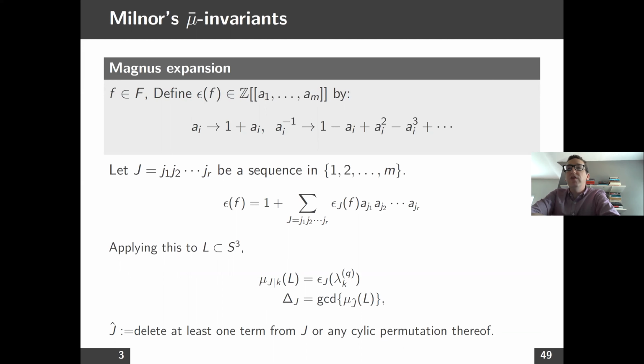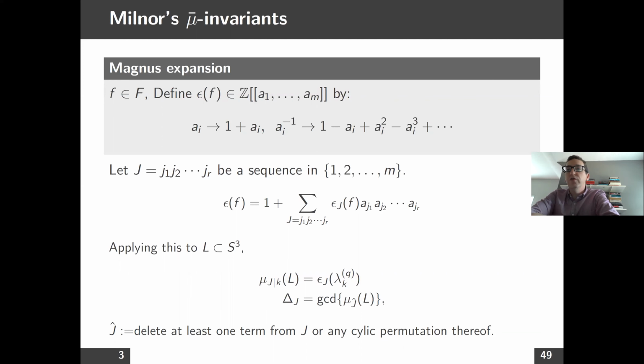And then for any sequence, we take the coefficient of the term corresponding to that sequence. So e_J of F is a_{j1}, a_{j2}, and so on, where J is j1 to jr. And we take the coefficient of that term for each longitude.